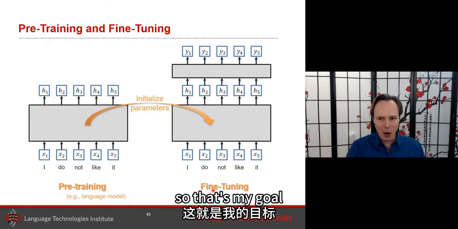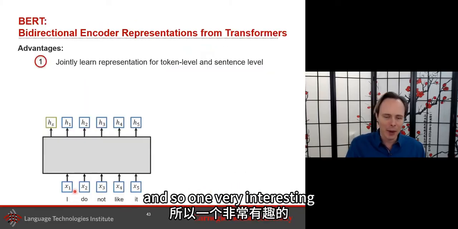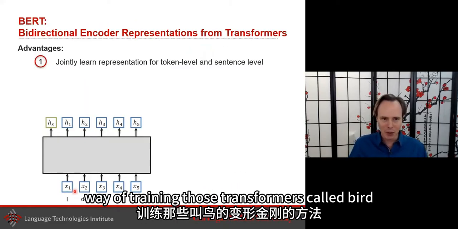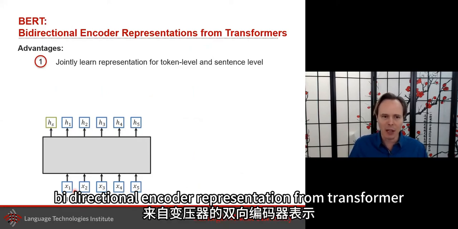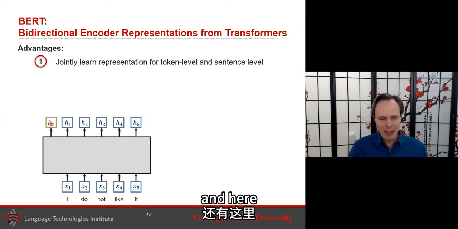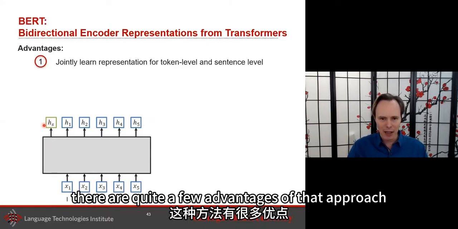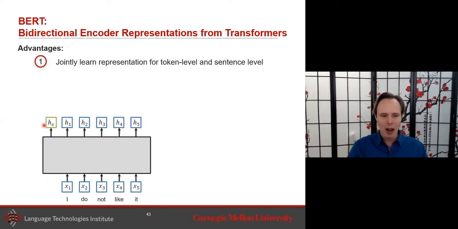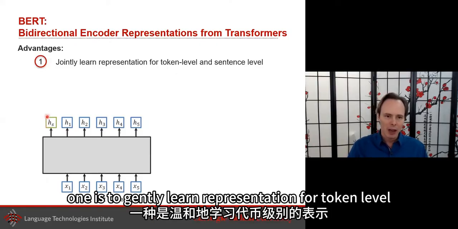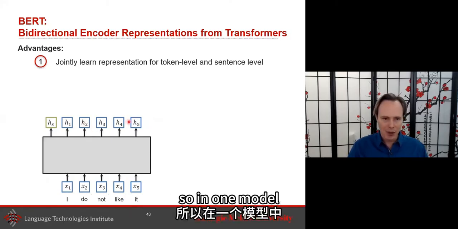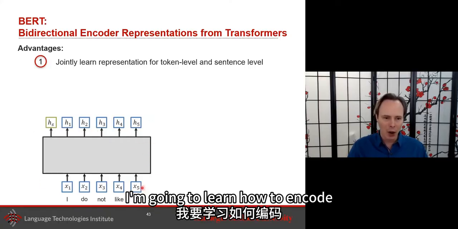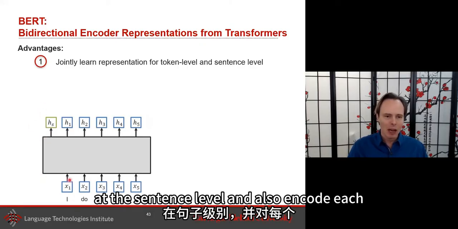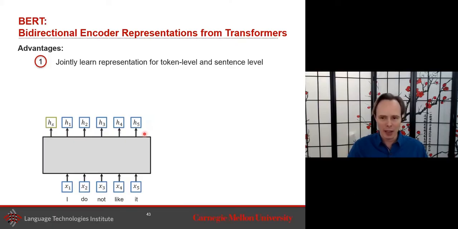So that's my goal. One very interesting way of training those transformers is called BERT, bidirectional encoder representation from transformer. Here there are quite a few advantages of that approach. One is to jointly learn representations for token level and sentence level. So in one model, I'm going to learn how to encode at the sentence level and also encode each individual token.